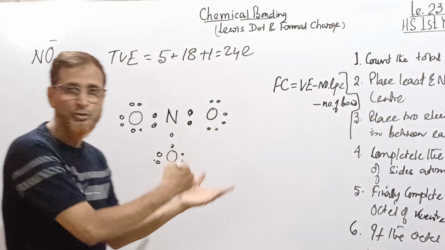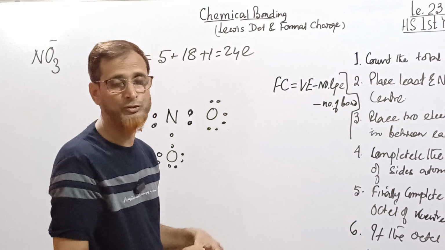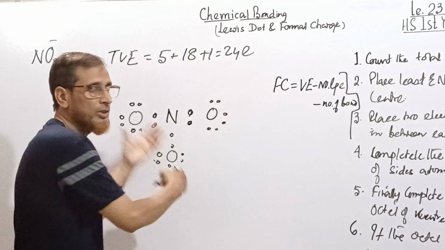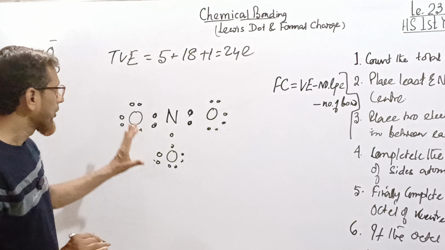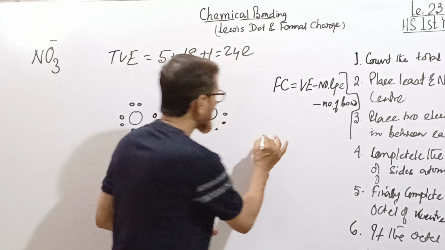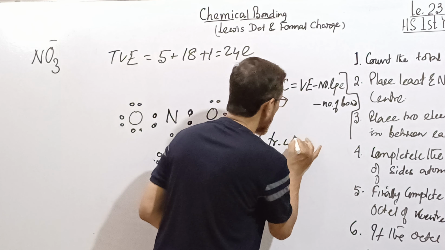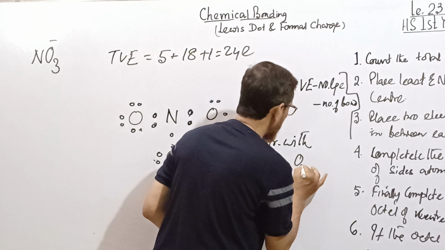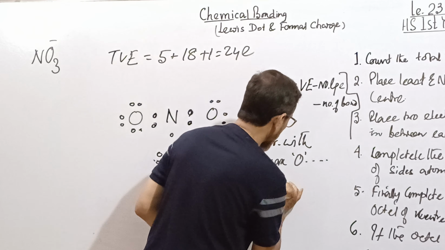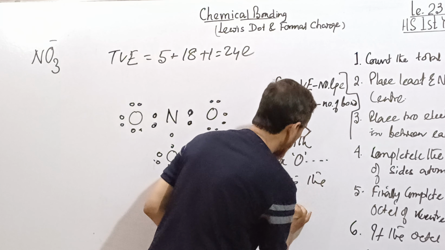Then we will find the net charge, meaning the sum of all the charges. In this way we will judge. The structure with the maximum number of 0 formal charges is the best structure.